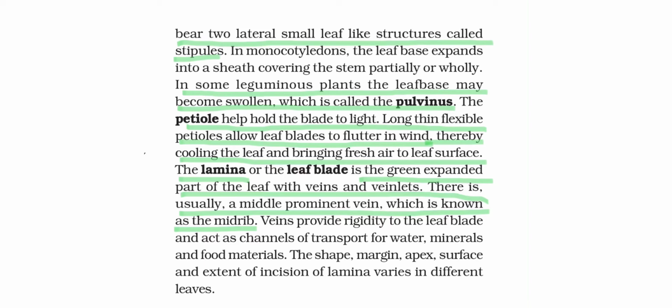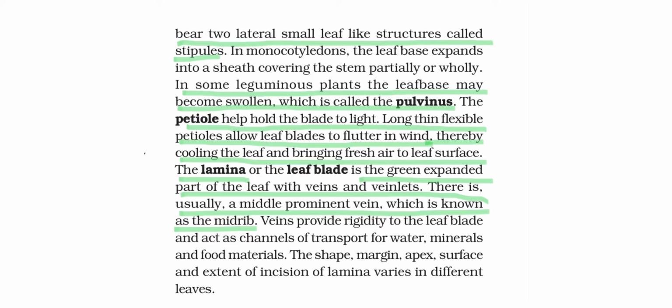Now let us see the main parts of the leaf. A leaf actually comprises three parts. First is the leaf base, second is the petiole, and last is the leaf lamina. The leaf is attached to the stem by the leaf base, and it may bear two lateral small leaf-like structures also. They are not compulsory in all leaves, but when present, they are known as stipules.